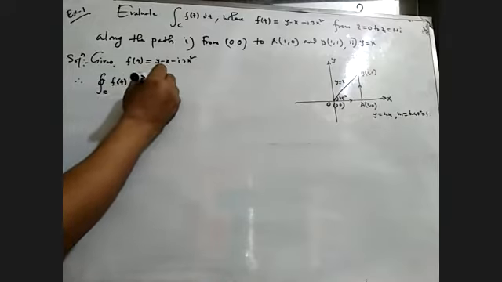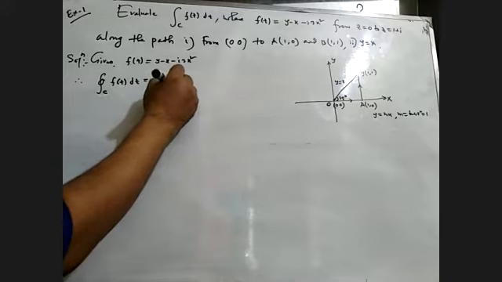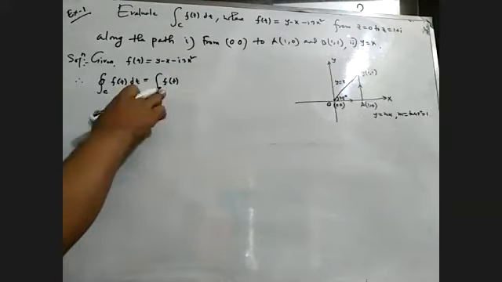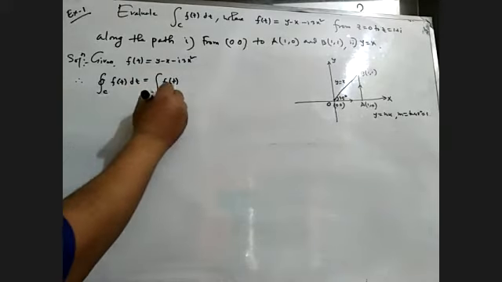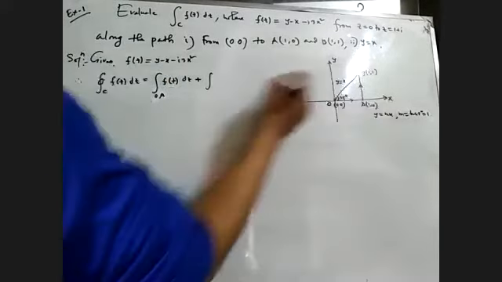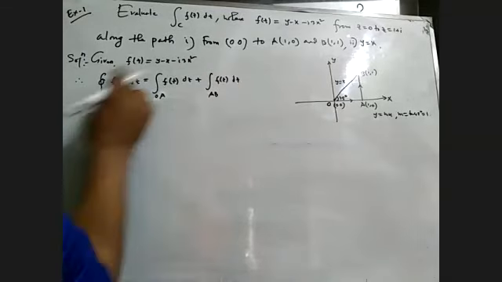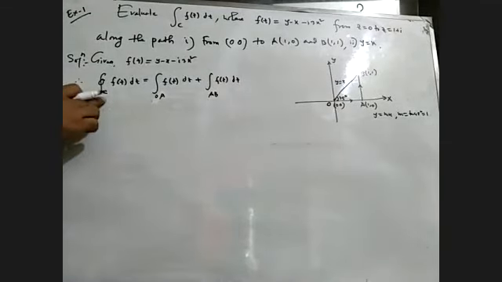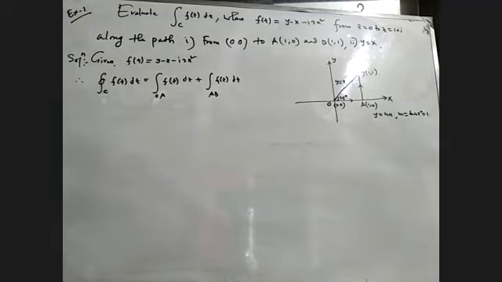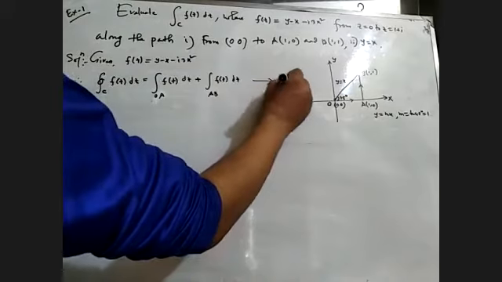The integration along the path C is the integral along the path OA, dz, plus along the other path AB. Then we get the total integration. Suppose this is equation number 1.